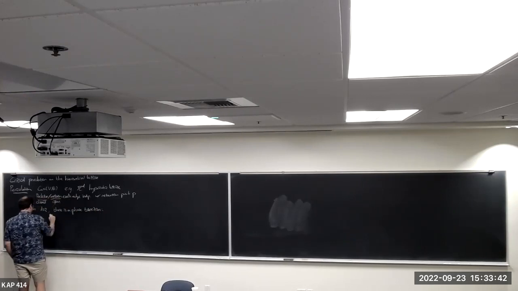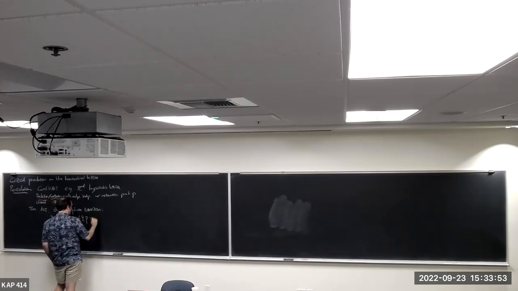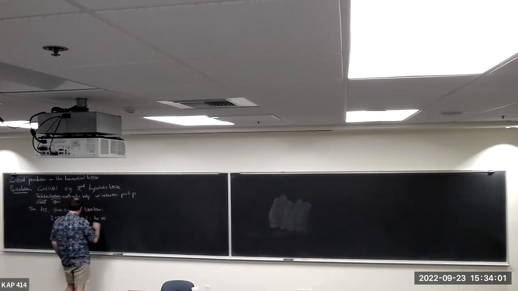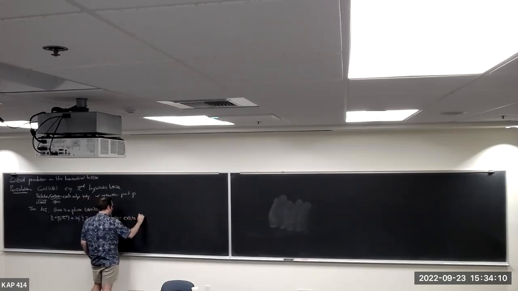Which means that if you define p_c, which is a function of the graph, to be the infimal value of p such that an infinite cluster exists with positive probability. Another piece of jargon is that the connected components of this random graph are called clusters.